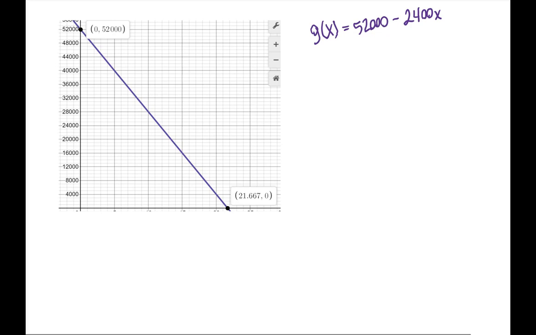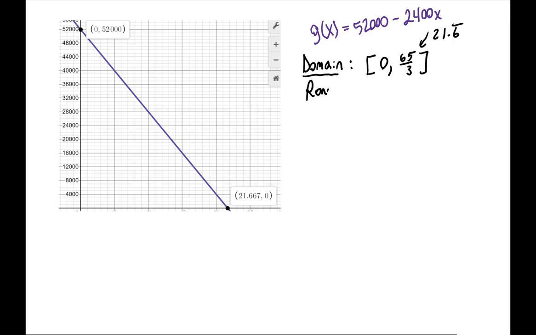So now that we've got a graph for g of x, we can interpret some of the key features of the graph. So the domain is going from 0 to 21.6 repeating, or if we want to be super exact, that's 65/3, which is rounded here as 21.667.